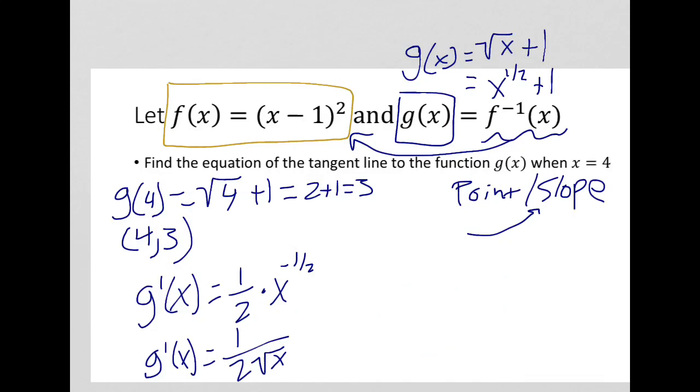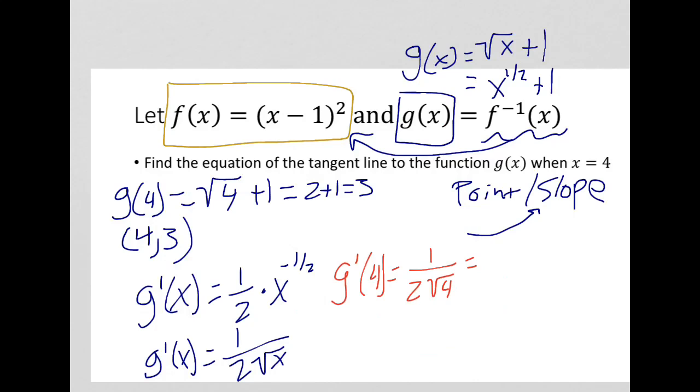So we're almost done now, but we need to plug in the x value of 4 so that we can find our slope. Let's find g prime of 4 equals 1 over 2 times the square root of 4.